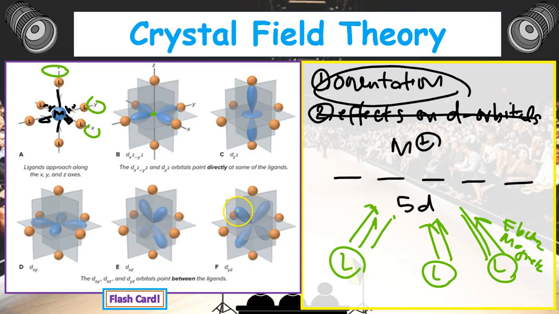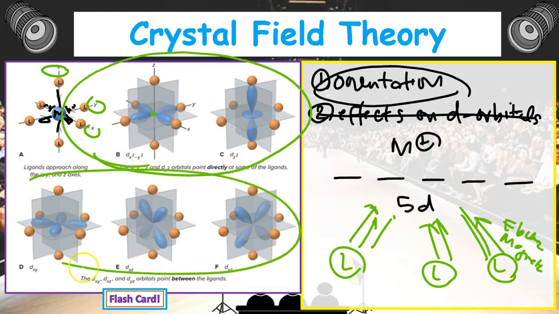And of course, when they do approach, it depends on how. If they approach directly towards the lobes of the d orbitals, then they're going to do a specific thing. If they approach between the lobes of the different d orbitals, then they're going to do something else. So we're going to talk about two approaches. The first is going to be directly towards the lobes, and the other is going to be how the ligands approach between the lobes.